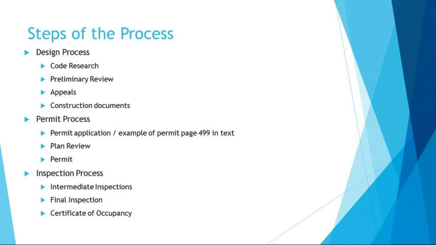So we've gone through the whole process, and the last one is your final inspection. This inspection process is the way the code official verifies that the project is being built according to the most current drawings and that the construction meets the applicable codes.